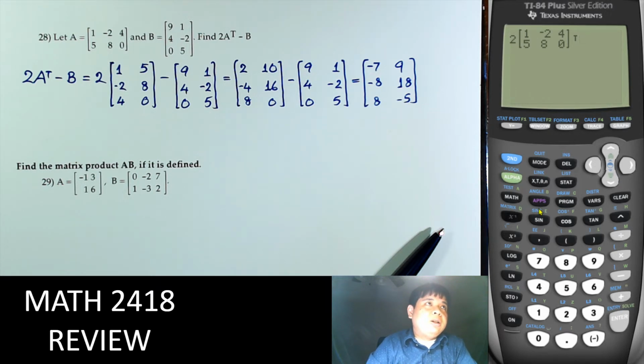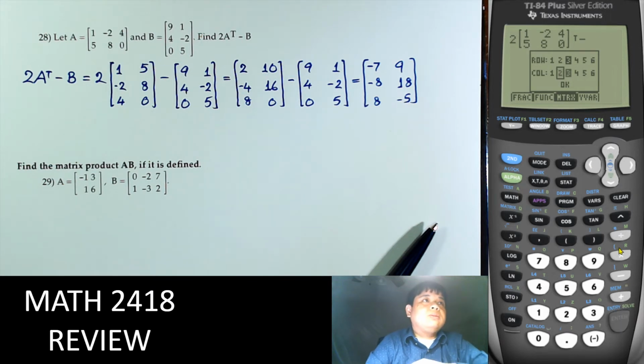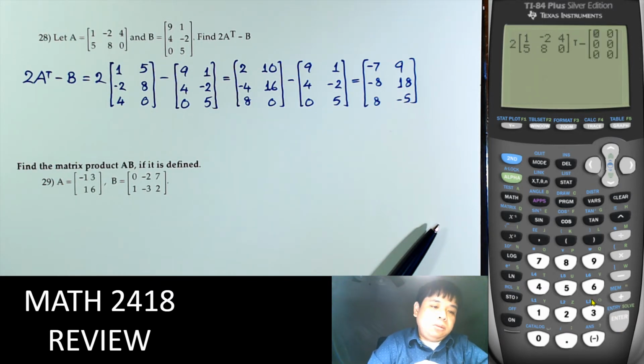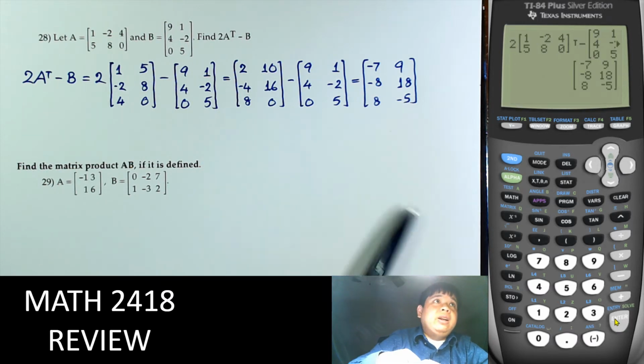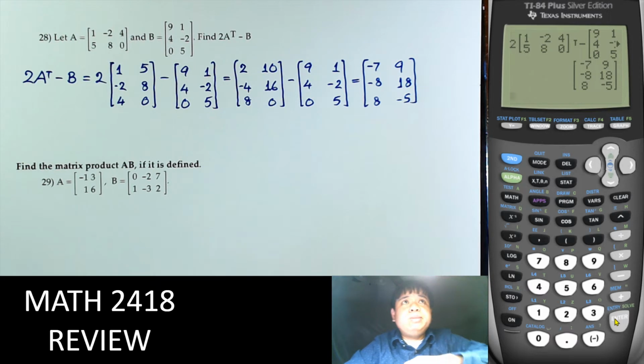Again, second matrix, go to math, option 2. Minus matrix B, 3 by 2: 9, 1, 4, negative 2, 0, and 5. So 7, 9, negative 8, 18, 8, negative 5. So that's good.